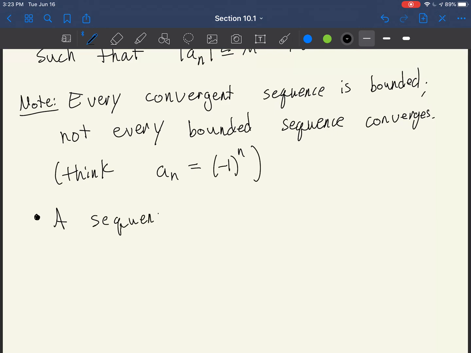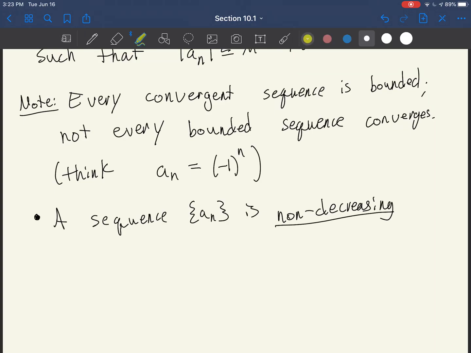So a sequence a_n is non-decreasing if a_n is less than or equal to a_{n+1} for all n.